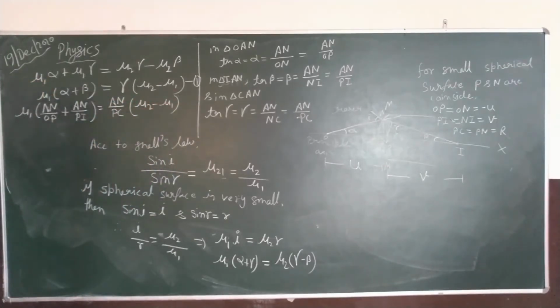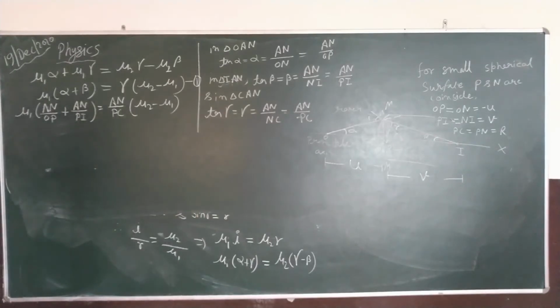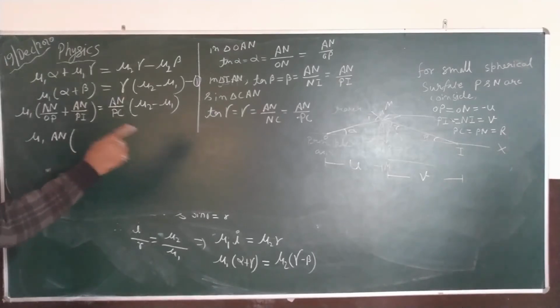It is clear? Now AN is common. AN is common from the numerator on the left side, so we get mu1 AN and also put the values of OP, PI and PC.